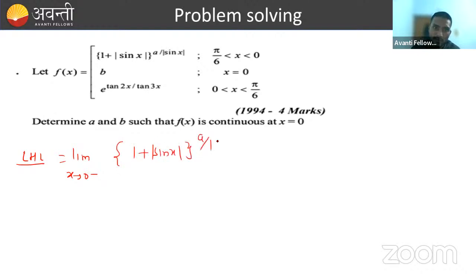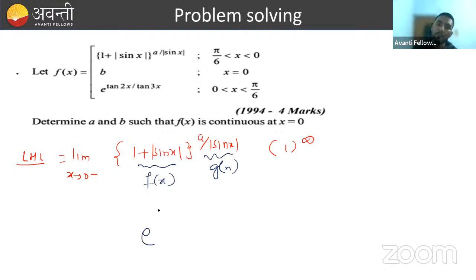This is a divided by mod of sin x. So if I put 0, it will come as 1 plus 0, a divided by 0, so 1 to the power infinity. If you know 1 to the power infinity, you should know the format of how to solve it. If this is f of x and this is g of x, then 1 to the power infinity gives e to the power (f of x minus 1) into g of x.